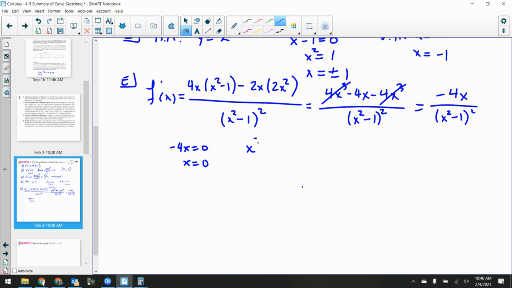And then x squared minus 1 equals 0 again, because x squared minus 1 squared, those are just the two factors of that denominator. So I potentially have x equal to plus or minus 1 again. So we run our increase-decrease test at -1, 0, and +1.